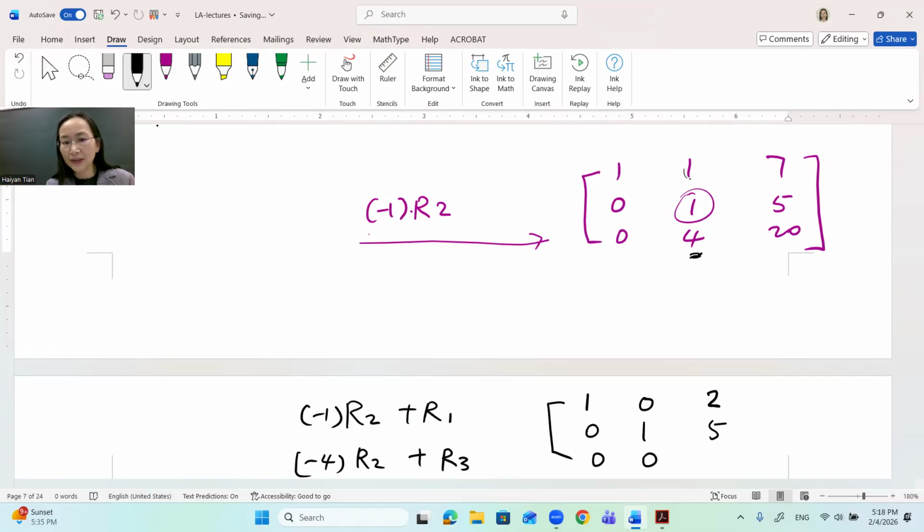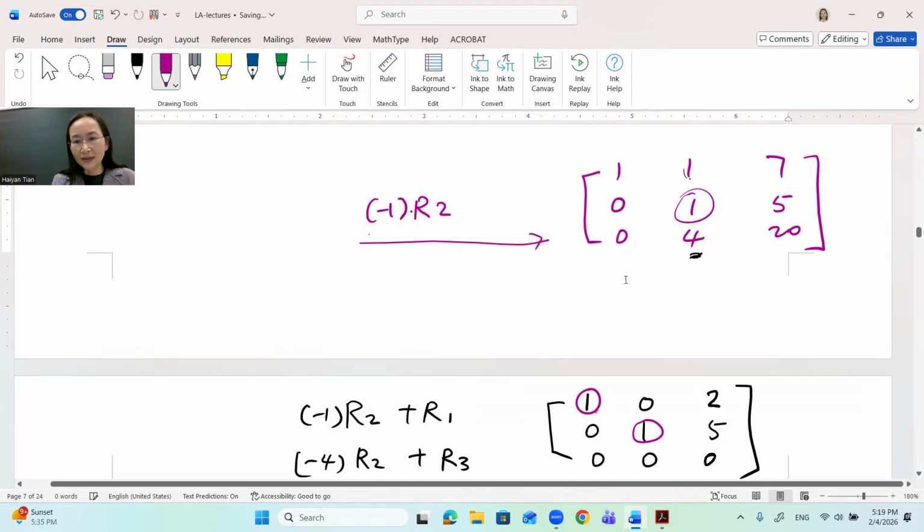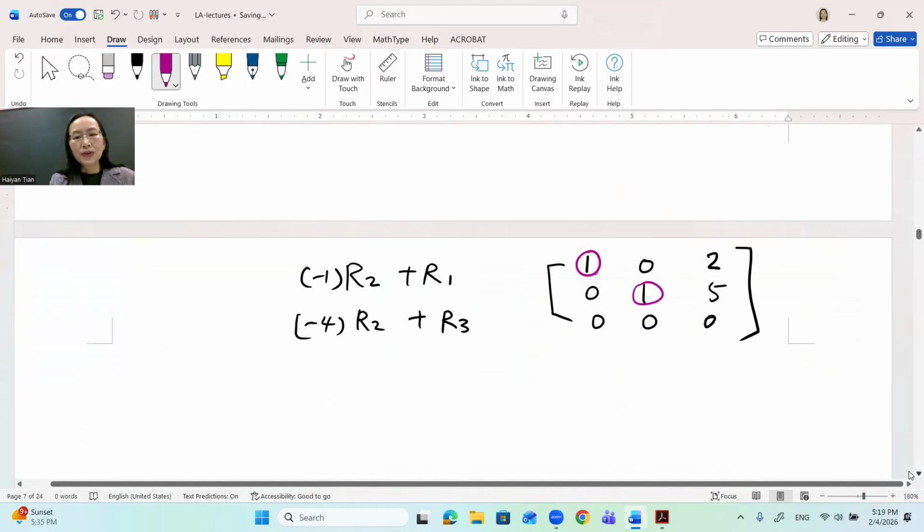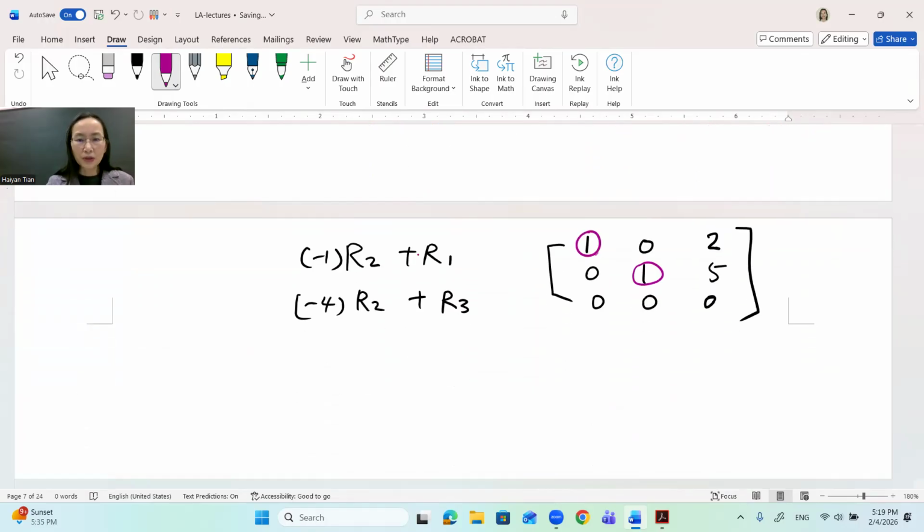And this 5 times -4 gives -20. Adding to 20, we get 0 as well. So now reduced. You just double check. So this is the pivot and pivot, and those 1s are the only non-zero in the column they're in. So we have got a reduced echelon form.